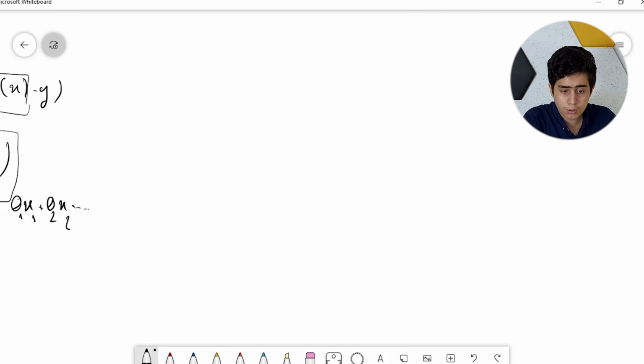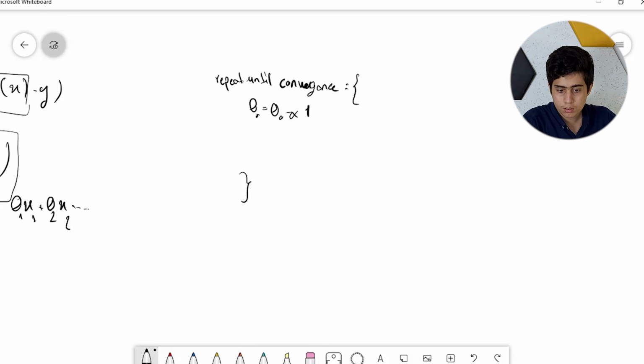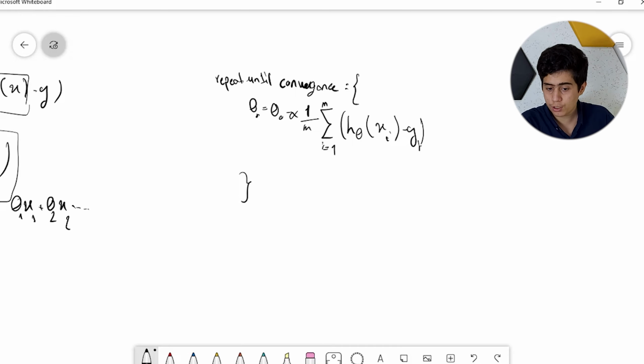In that scenario, we say repeat until convergence, and technically speaking, this is going to be a for loop in our programming part. We're going to say theta 0 will equal theta 0 minus alpha, the learning rate, times 1 over our training examples m, multiplied by the sum of our hypothesis function minus the actual answer that we were supposed to get.